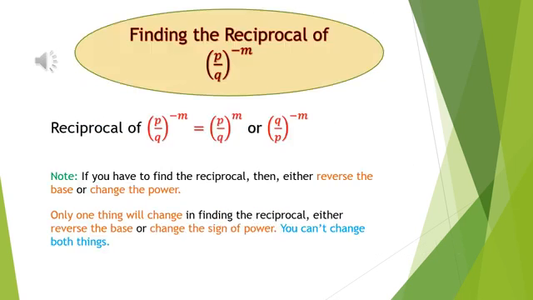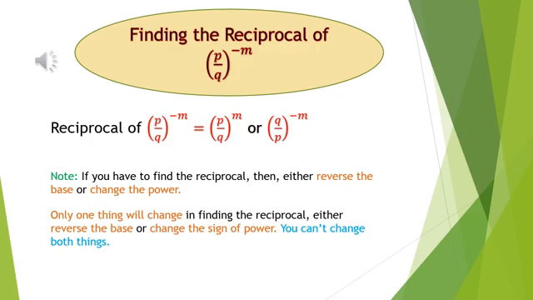Now, another concept is to find the reciprocal of p by q whole power minus m. How will you find it? There are two ways. The first way is to either change the base or keep the power as it is.